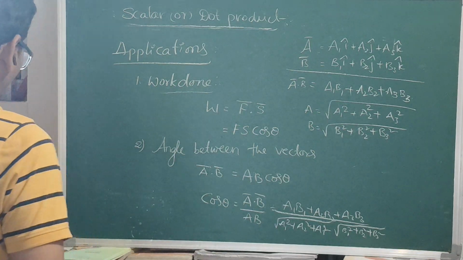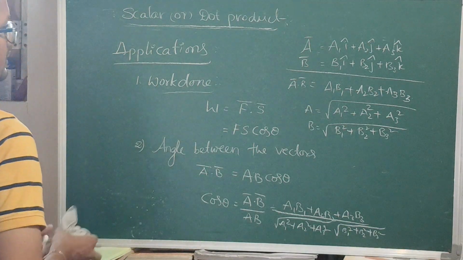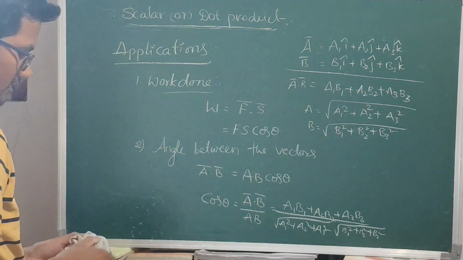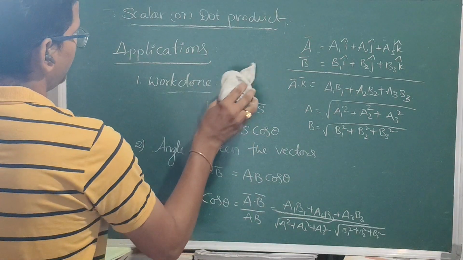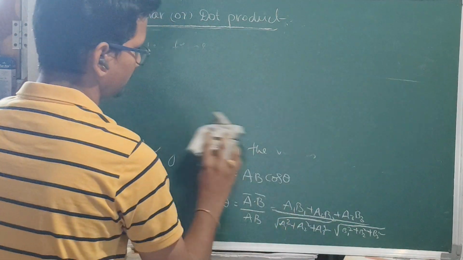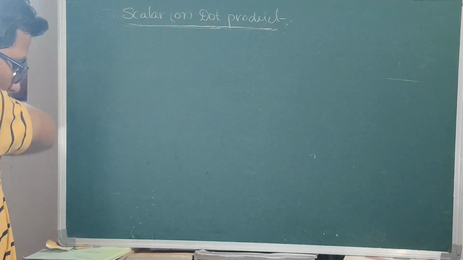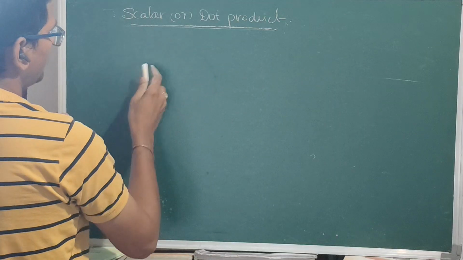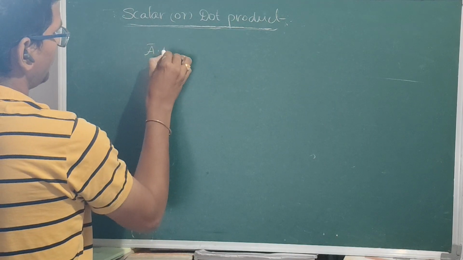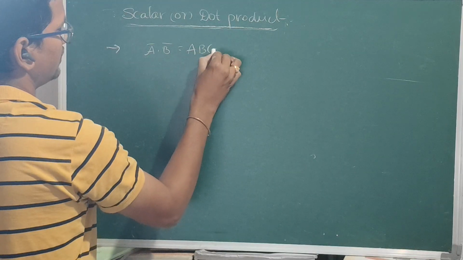Next one: the component, or projection, in another way, which direction the vector is moving. For example, A bar dot B bar is equal to AB cos theta.